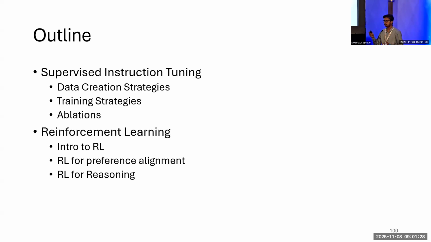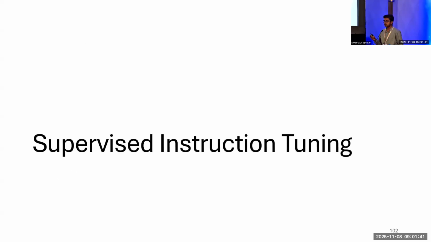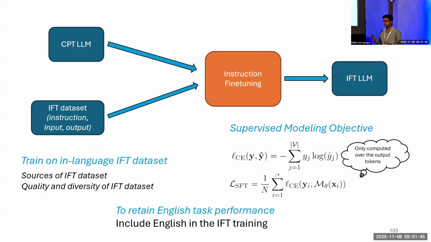So, a brief outline. We'll be going through supervised instruction tuning, data creation strategies, training strategies, and a few ablations. And similarly for RL, we'll have a brief introduction and its use cases for preference alignment and reasoning. So to start with, supervised instruction tuning. We have a recap of our CPT LLM, and using our IFT dataset, which is typically a triplet of instruction, input, and output, where, for example, take the task of summarization.